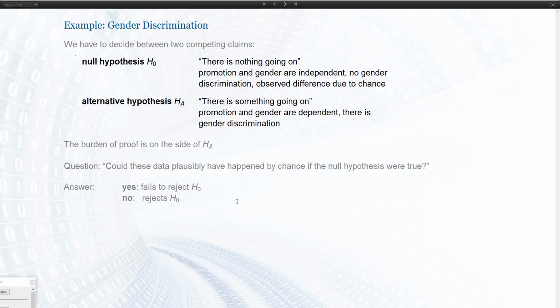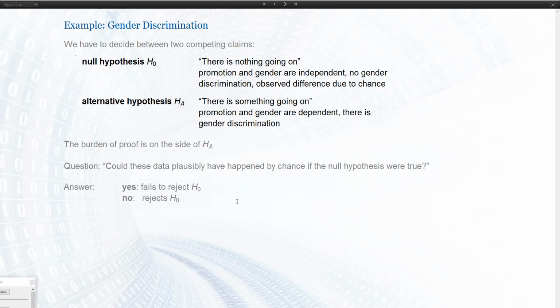And that's what hypothesis testing is about. We have a hypothesis and an alternative hypothesis, and we need to decide which of the two scenarios is more likely. Usually it's done the following way: you have what's called the null hypothesis, H naught, and that's the status quo.